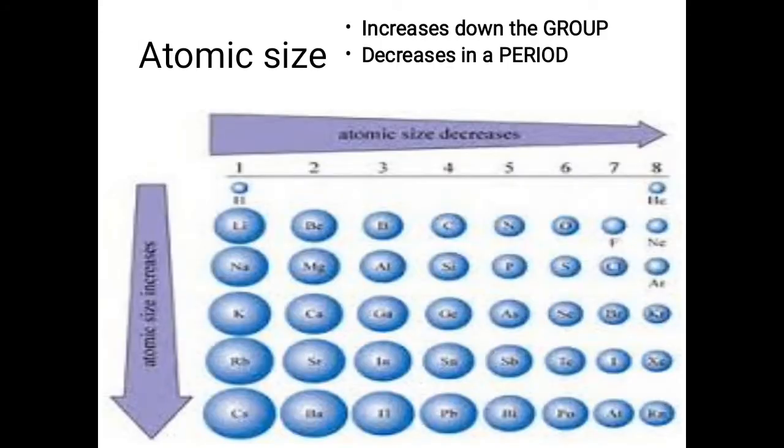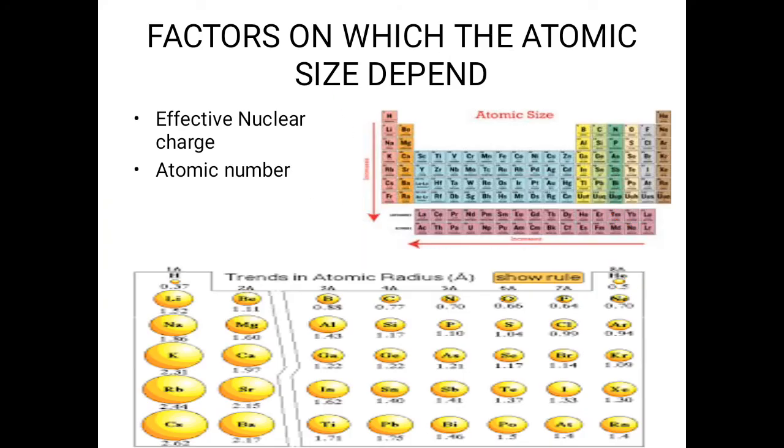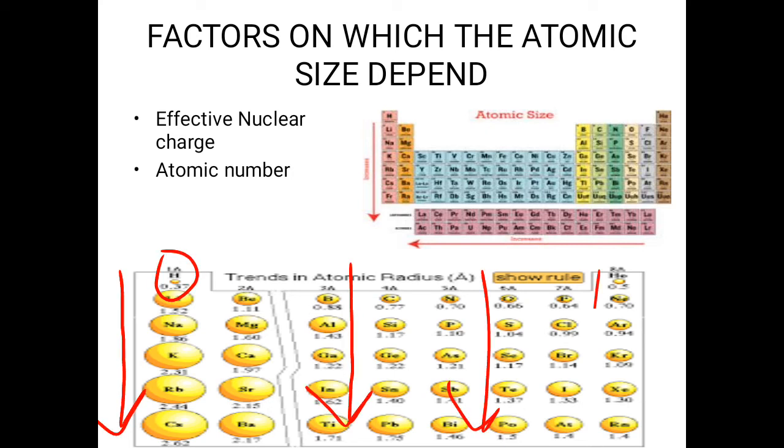The next picture is showing you very clearly that if we move down in group 1A, the atoms are getting larger and larger. The smallest atom is at the top of the group, and in all groups the trend is the same. As we move down in a group, the atoms are getting larger.